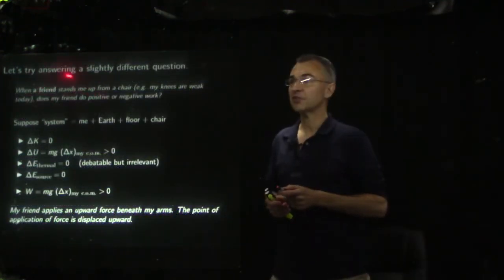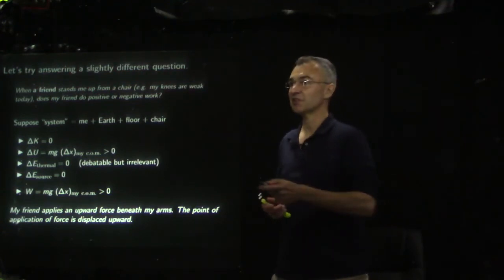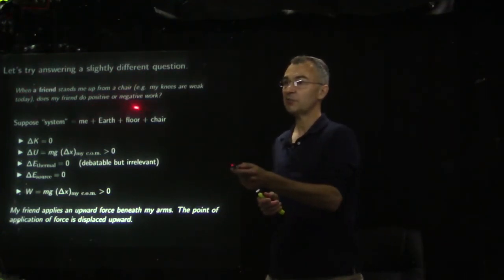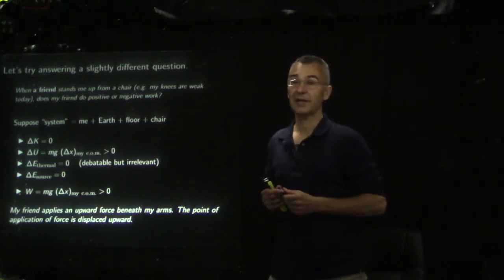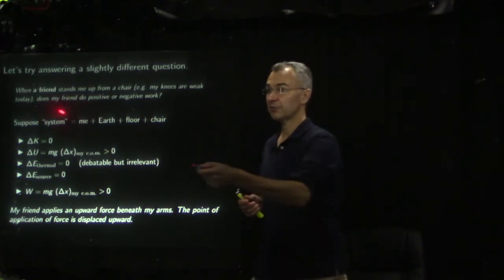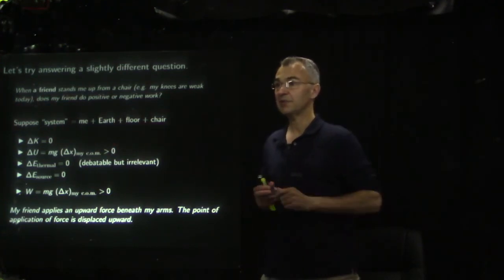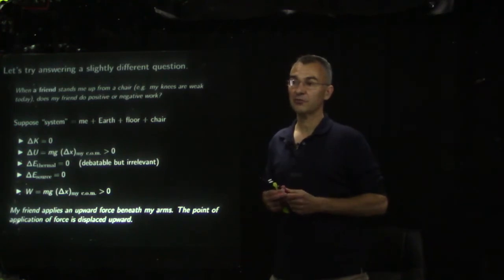Let's try answering a slightly different question. When a friend stands me up from a chair, maybe because my knees are weak today, does my friend do positive or negative work? Well, suppose the system is me plus Earth plus the floor plus the chair.